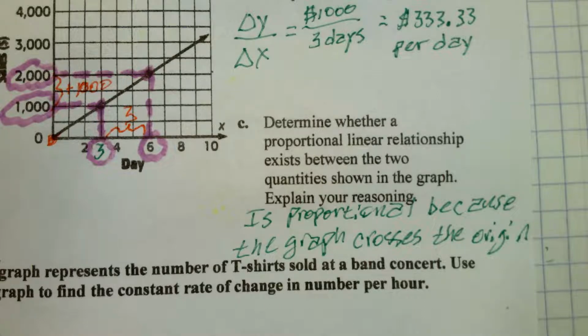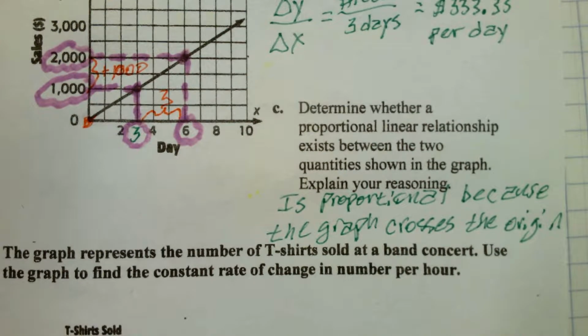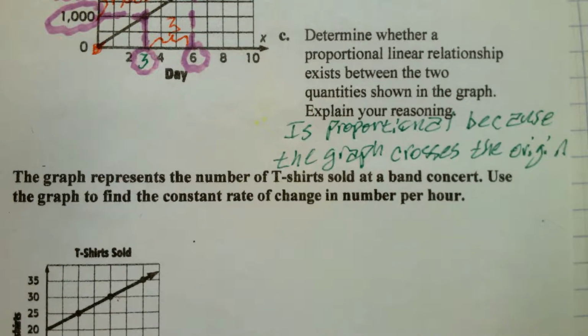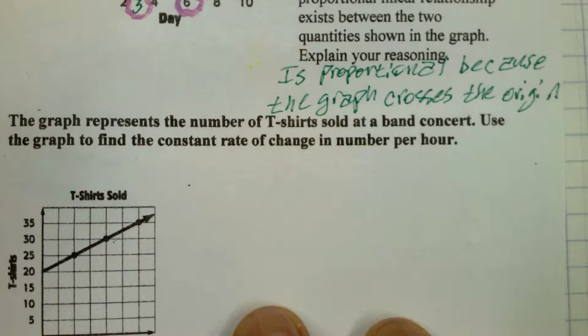Now, I'd like you to try the last one. And so for this last one, the graph represents the number of t-shirts sold at a band concert. Use the graph to find the constant rate of change in number per hour. Number of t-shirts, obviously per hour. First of all, is it proportional or not? Nope.